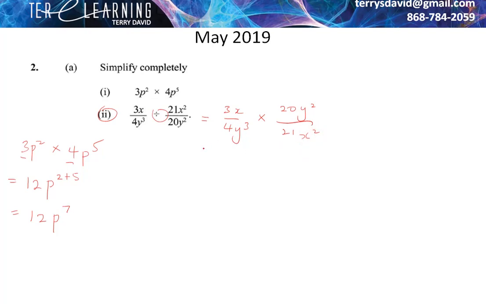Now, from here, there are some things that can cancel each other, right? So for example, this 4 can go into 20 5 times, and this 3 can go into 21 7 times. So let's look at this now.